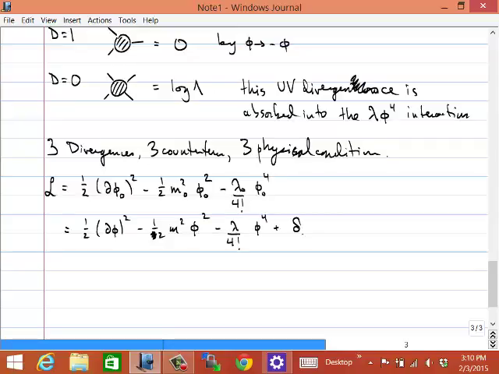And then you have our wave function renormalization, which multiplies the d phi squared counter term, a mass renormalization, and a coupling constant renormalization.